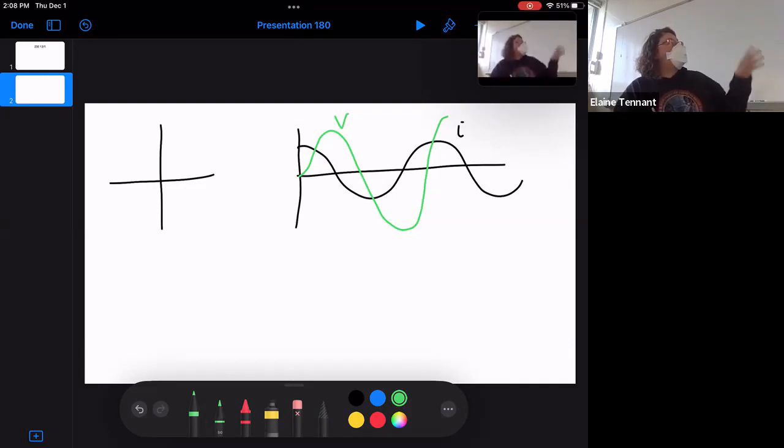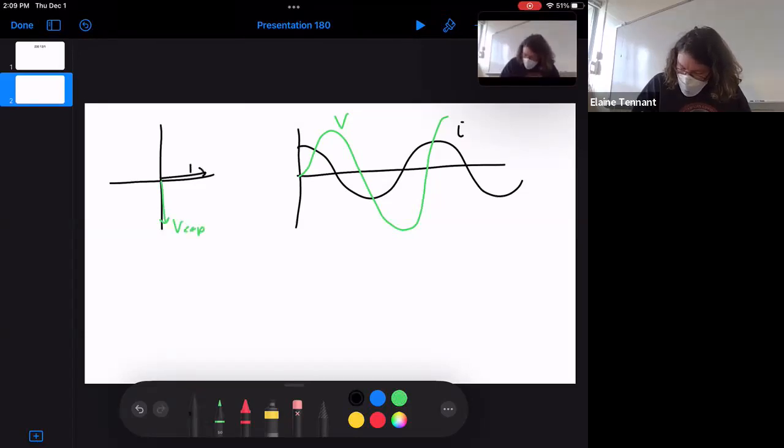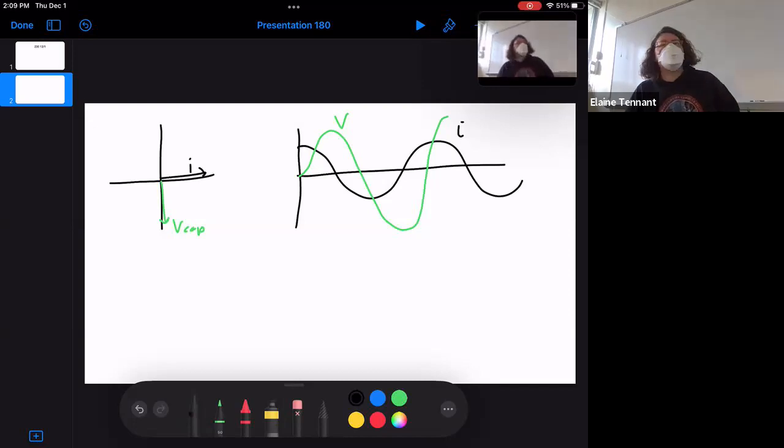So instead we just draw this phase diagram, where we say the voltage across this capacitor is 90 degrees behind the current going through that circuit. And that is indeed the phase difference between a sine wave and a cosine wave. Sound reasonable? Okay. And just tell me if I'm in the wrong spot.